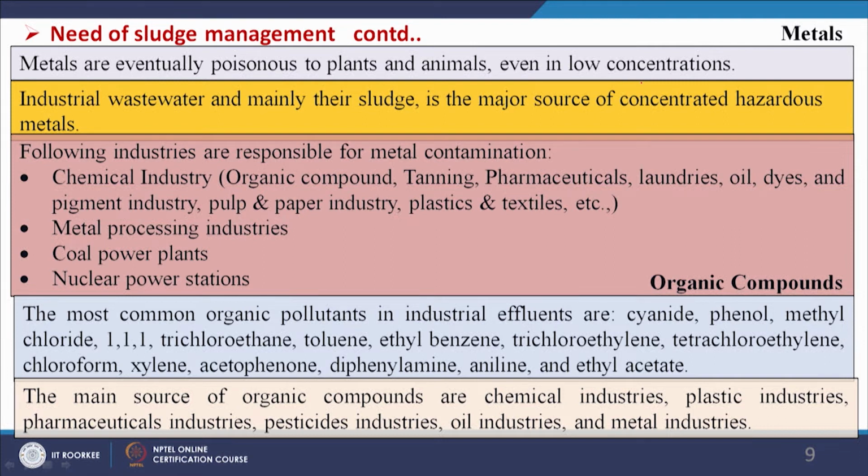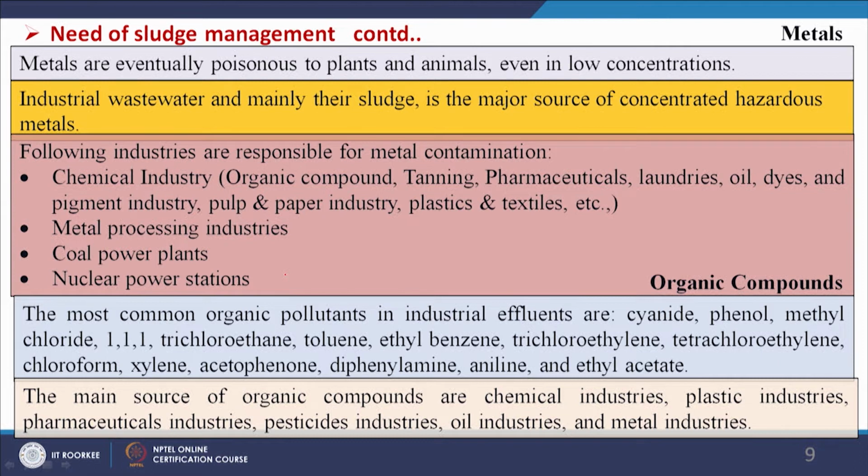Industrial wastewater, and mainly their sludge, is the major source of concentrated hazardous metals. The following industries are responsible for metal contamination, like say chemical industry. These are some examples, like say organic compound, tanning, pharmaceuticals, laundries, oil, dyes and pigment industry, pulp and paper industry, plastic and textiles, and metal processing industries, coal power plants, nuclear power plants, etc.